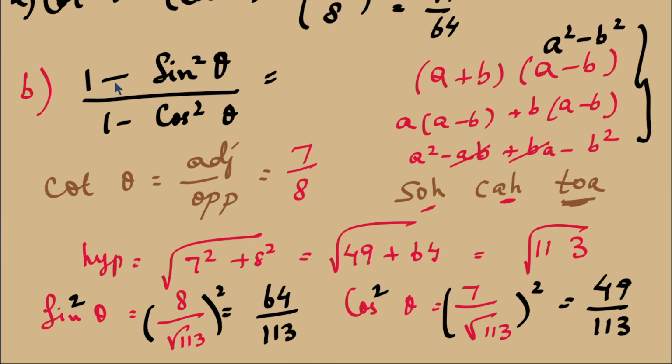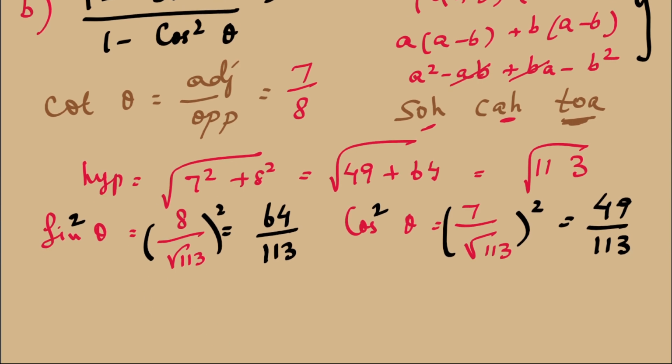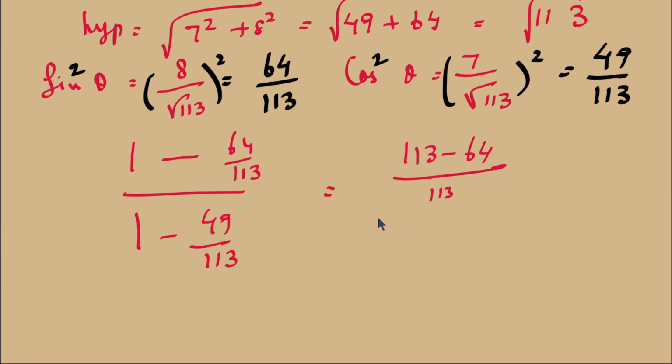Right? So let us substitute whatever we know in our question. 1 minus sine squared theta is 1 minus 64 by 113, the whole thing divided by 1 minus 49 by 113. Let's simplify these two. It's (113 minus 64) by 113, and (113 minus 49) by 113. So both the denominators get cancelled.